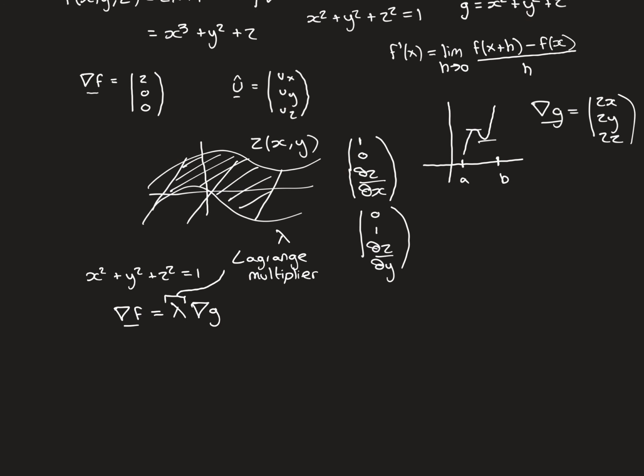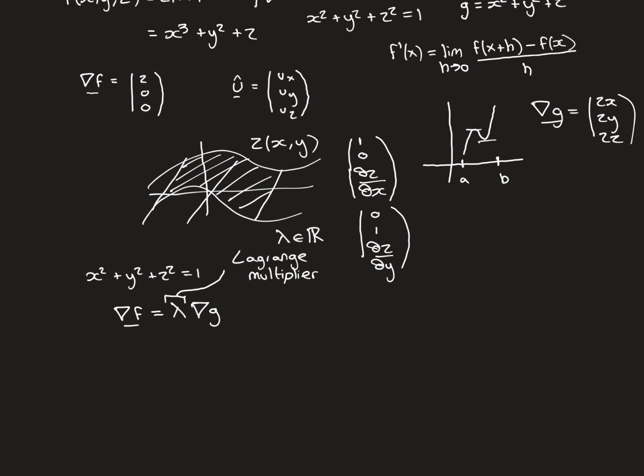And this lambda, by the way, is just some real number. It could be positive, it could be negative, it could even be 0. What this is capturing is the fact that this one needs to be parallel or anti-parallel to this one, which is the normal vector to our surface.